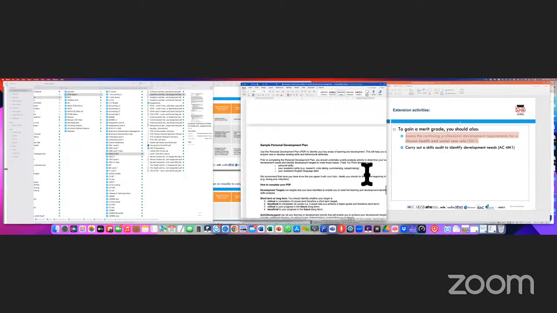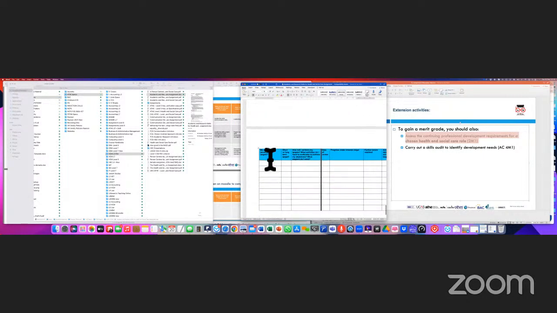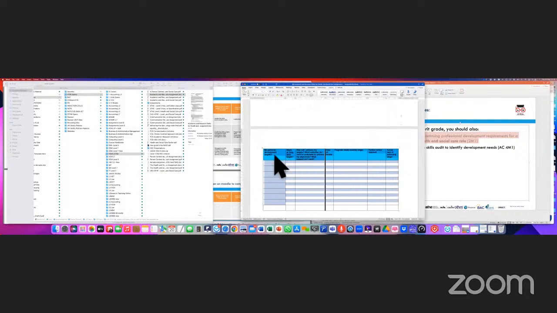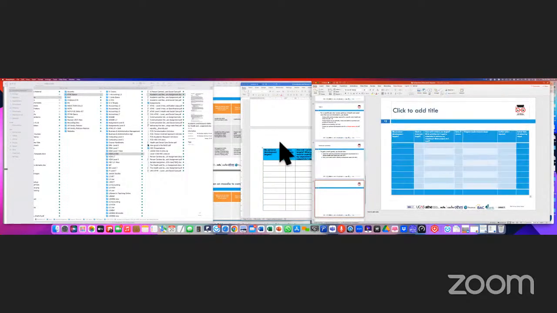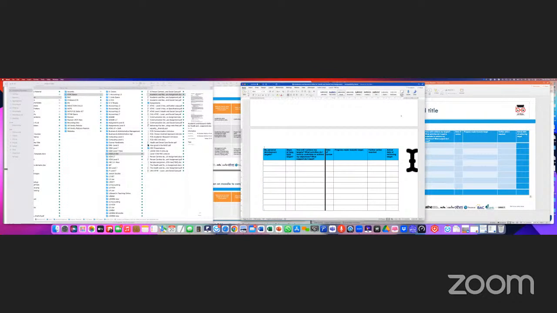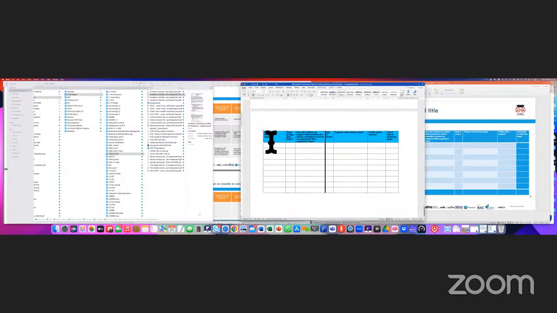So I would use this particular template, which essentially is going to be useful, and I'll put it in the PowerPoint slide because it would help you do the assessment. So I'll put this template here, and this assessment template, as you can see, the difference is when we create the PDP, this is the part that we do.